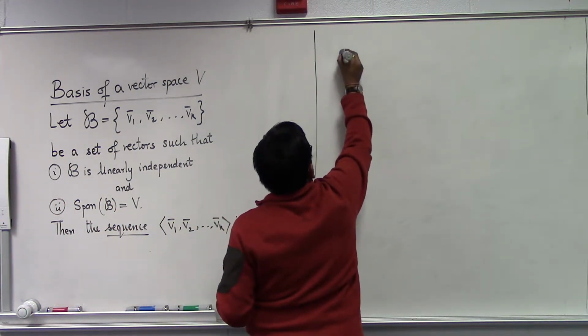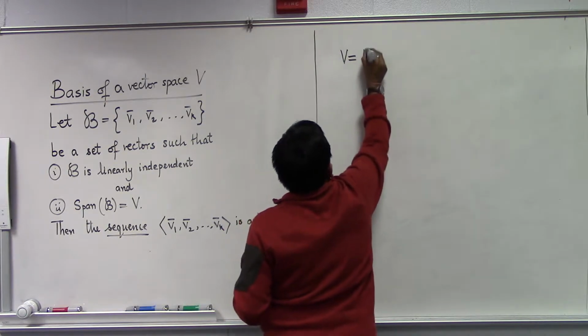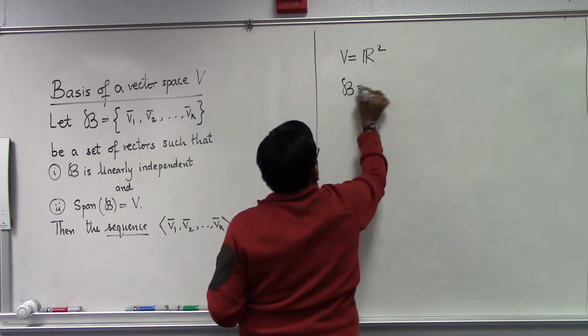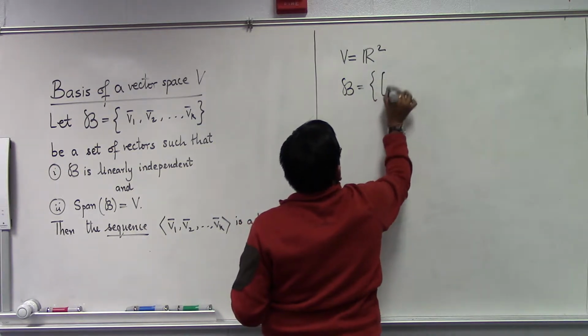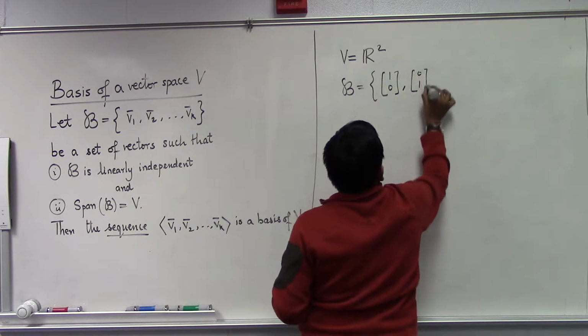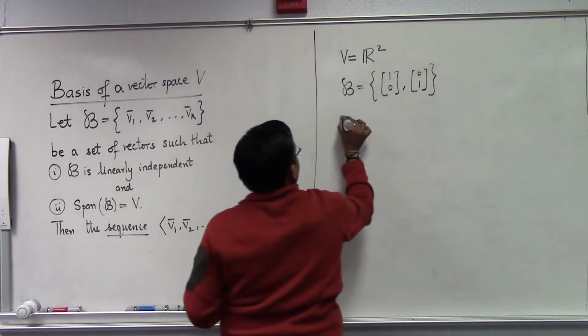So let's take our vector space as R2. Suppose I am given this set of vectors (1, 0) and (0, 1). I claim that this definitely forms a basis.